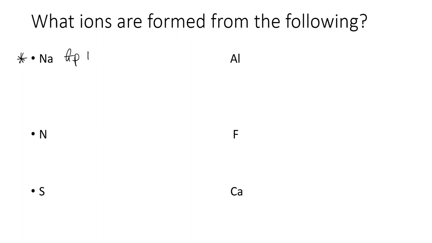Sodium is in group 1. So since sodium is in group 1, what will be its charge? Its charge will be plus 1. Therefore, we can write the sodium ion as Na plus.